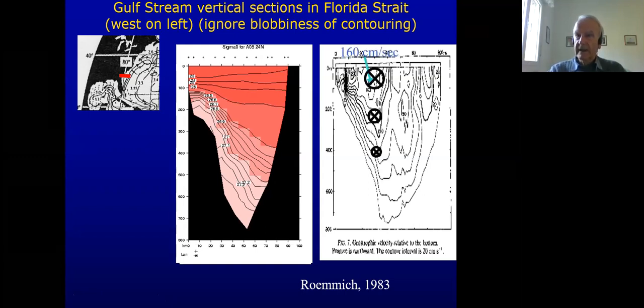Here it is, and these are the currents, because these are the measurements of the current. There is some problem with this slide, but the current, as you can see, goes into the screen, because it is associated with this kind of horizontal and vertical distribution of density.